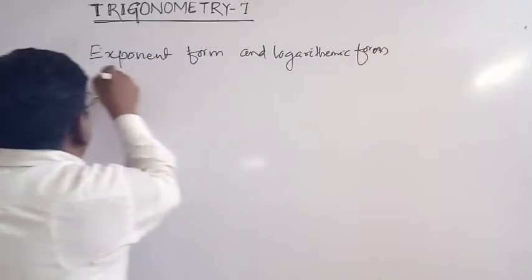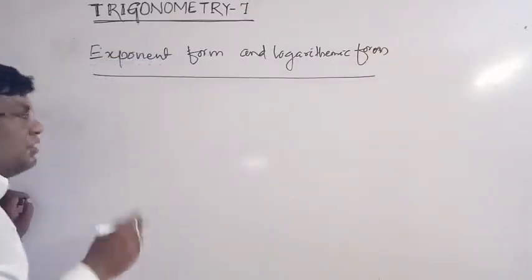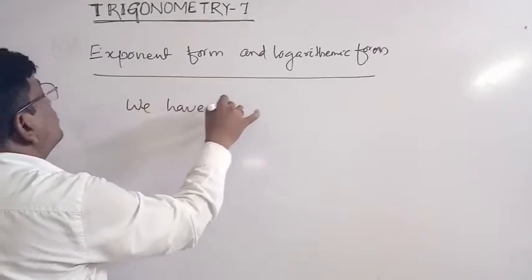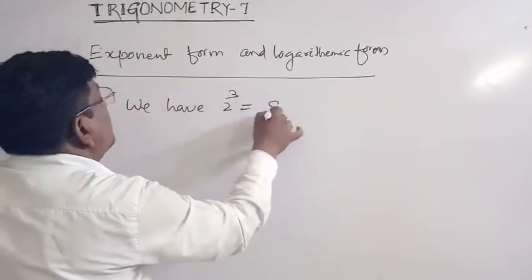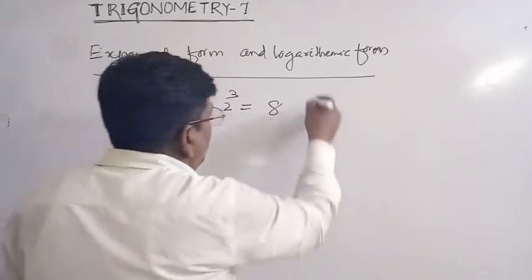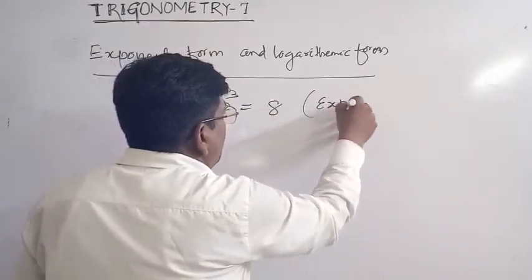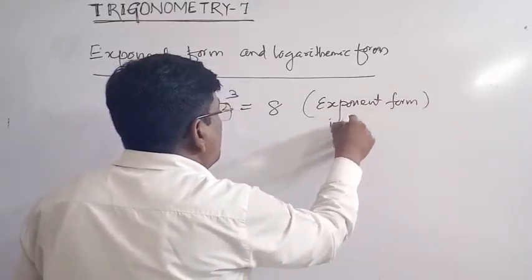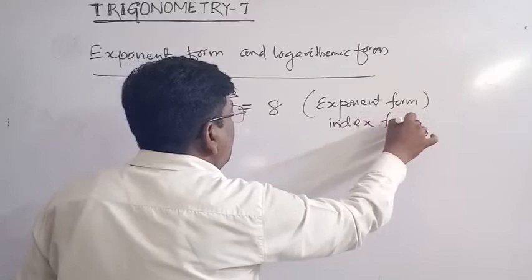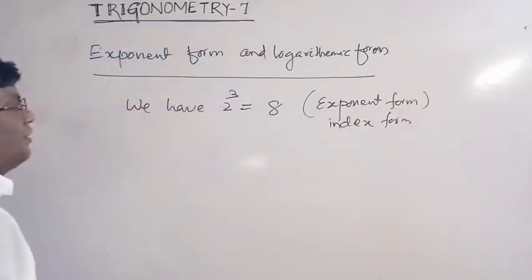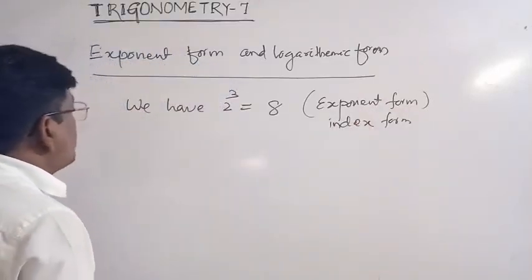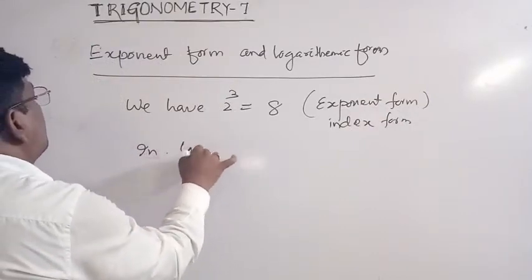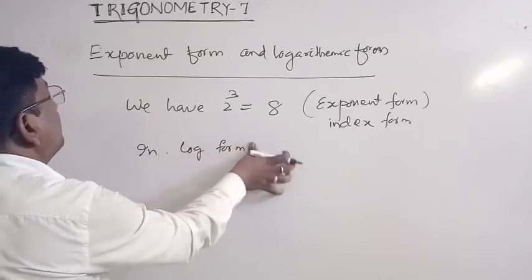Simple example, we have 2 cube is equal to 8. This is exponent form or index form. Okay, index form. So in logarithm form, what happens here?